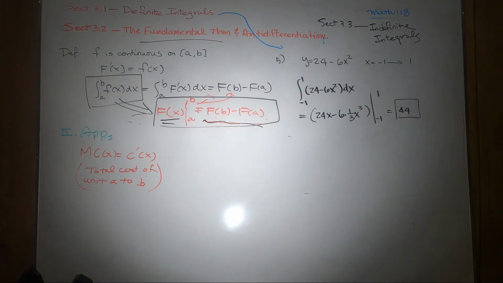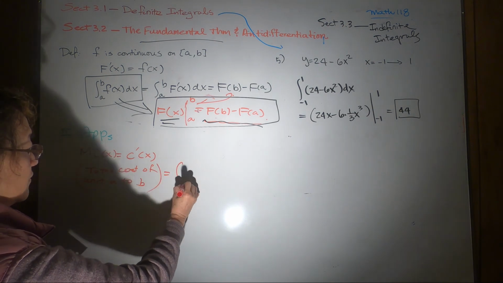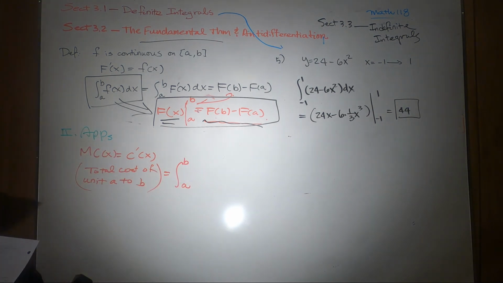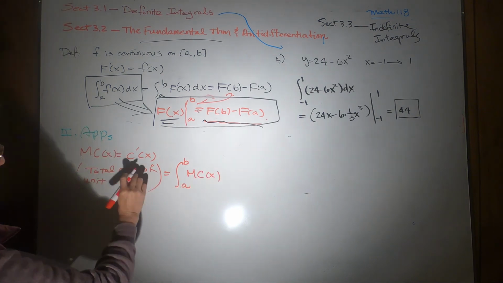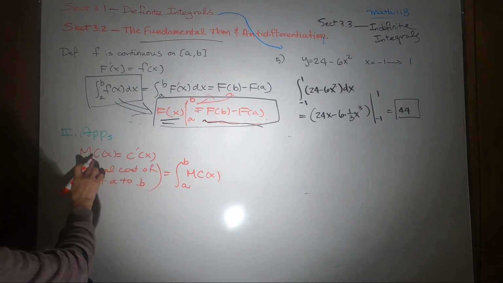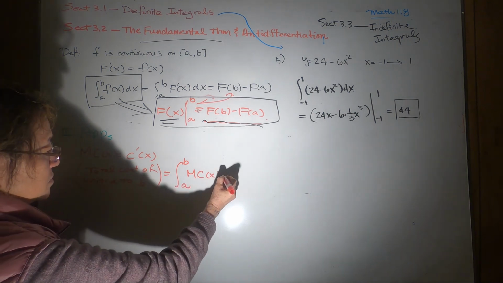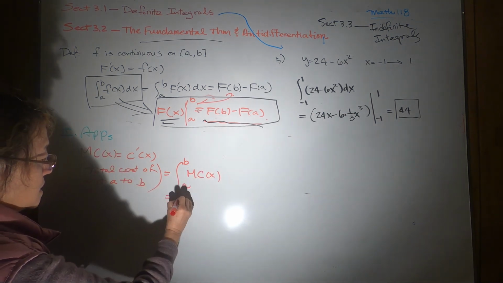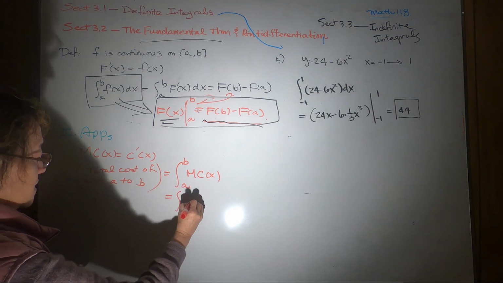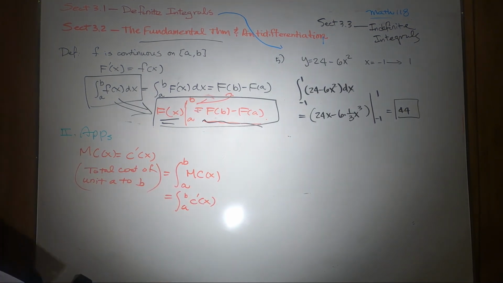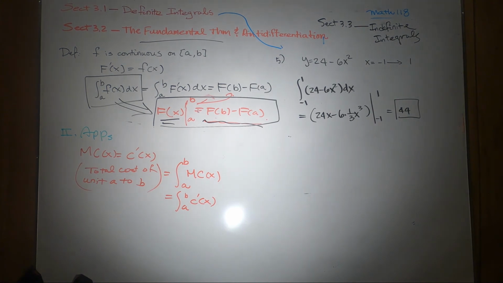So it will be from unit A to B, right? Then total cost would be the antiderivative of the cost. They are the same, right?